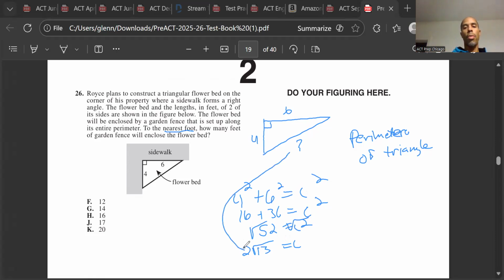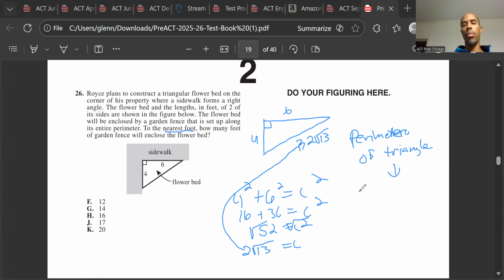Right now, because it said to the nearest foot, we have to convert the radical to a decimal. So we get 2 times the square root of 13 equals 7.21.